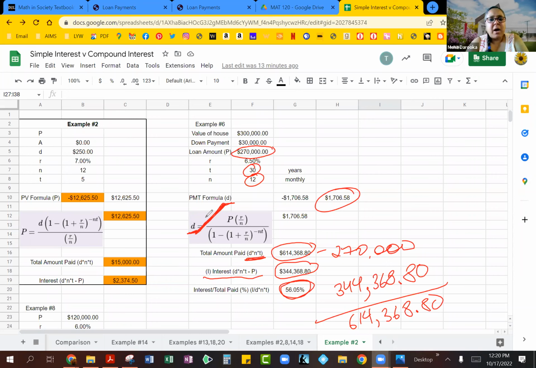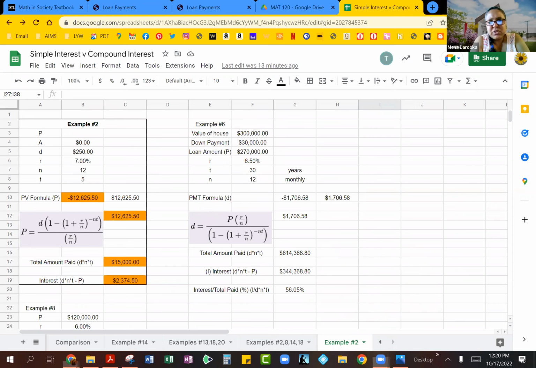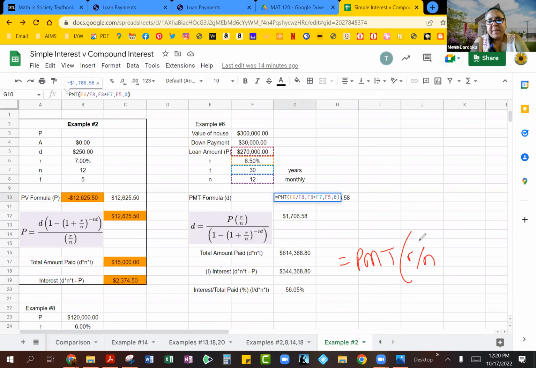So no, your payment, as you can see in the spreadsheet, should come out to be the same thing. Just to show you how we type this in, remember for the payment, you start out with equal to PMT, and then you do the R divided by N. That's the 6.5 divided by 12. Then you do N times T, that's 12 times 30.